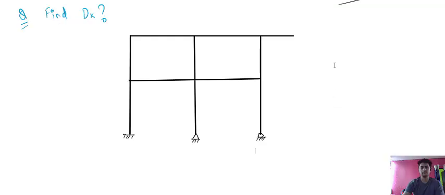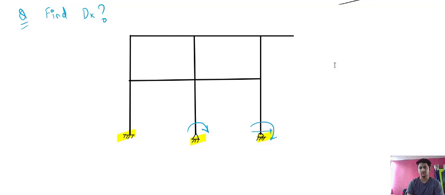Okay, in this numerical, we need to find the kinematic indeterminacy. So here, first of all, this is a fixed end, this is a hinge end, this is a roller support. If you want to calculate the value of kinematic indeterminacy directly, here the unrestrained displacement will be 0, here 1 unrestrained displacement, here 1 horizontal and 1 moment unrestrained displacement.